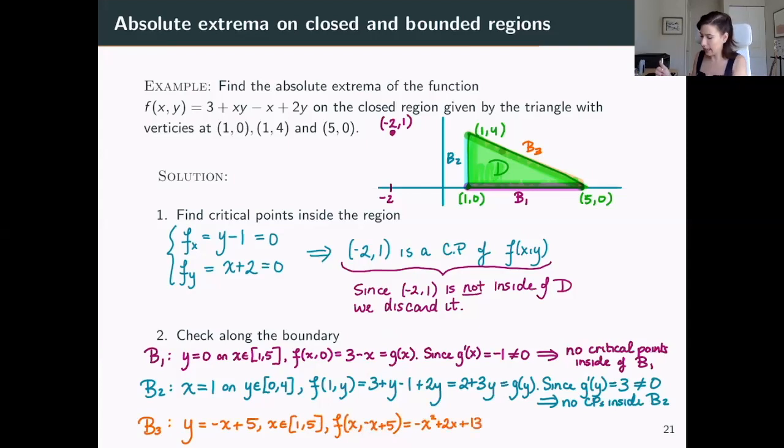And now taking the first derivative, here we end up calling this, say, h of x. Since h prime of x is equal to -2x plus 2, when x is equal to 1, this is equal to 0.